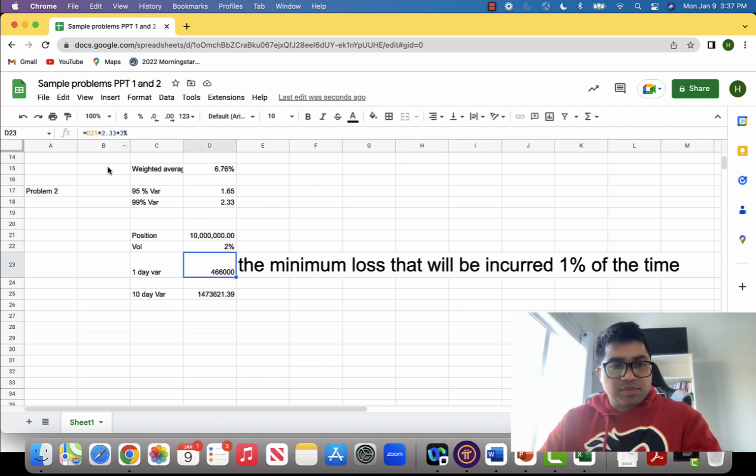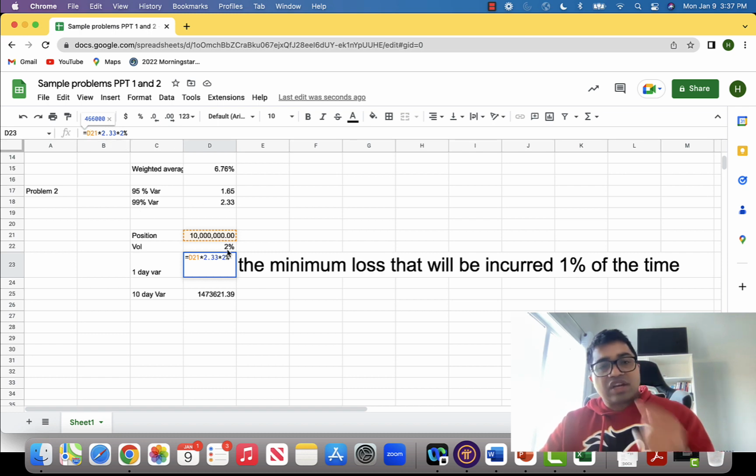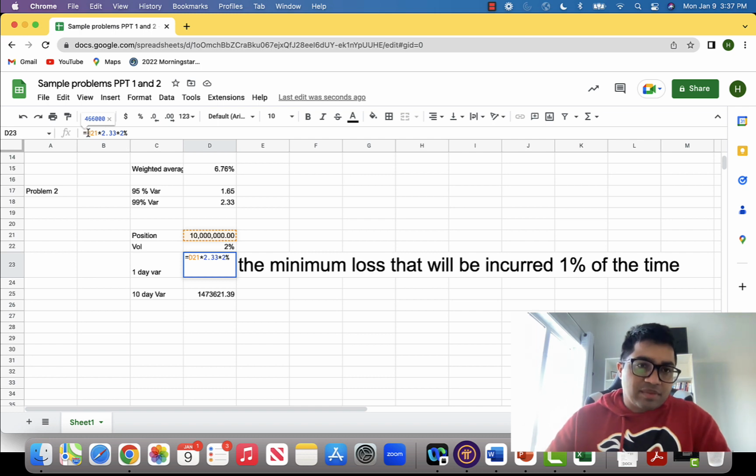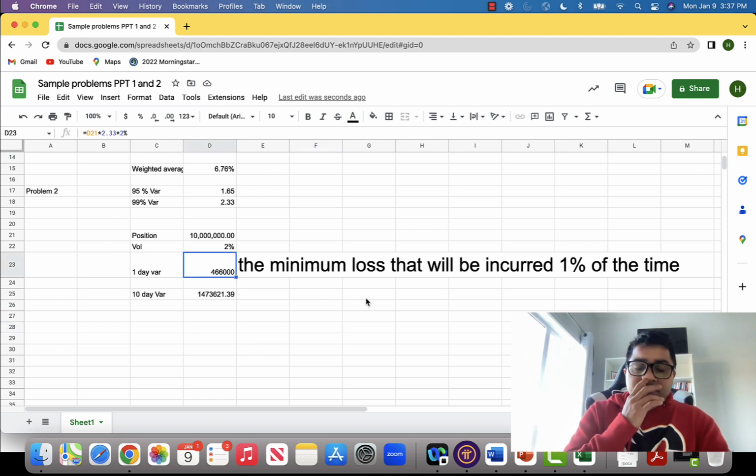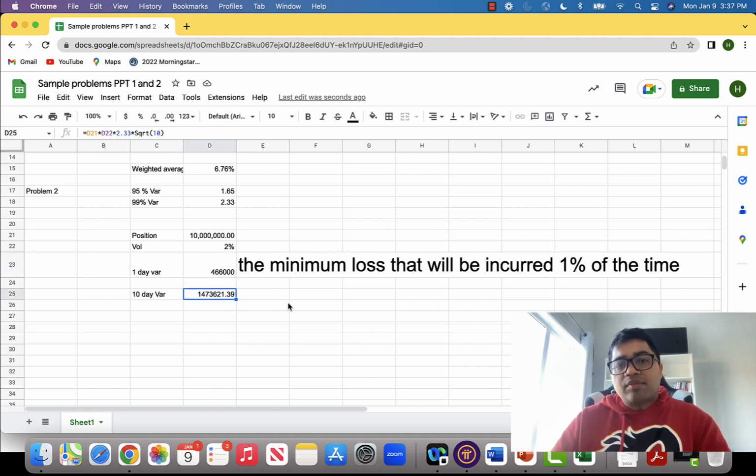It is simply the $10 million position into 2.33, because it's 99% VaR, into daily volatility of 2%. That gives you the minimum daily loss that you will face on Microsoft, that is $466,000.